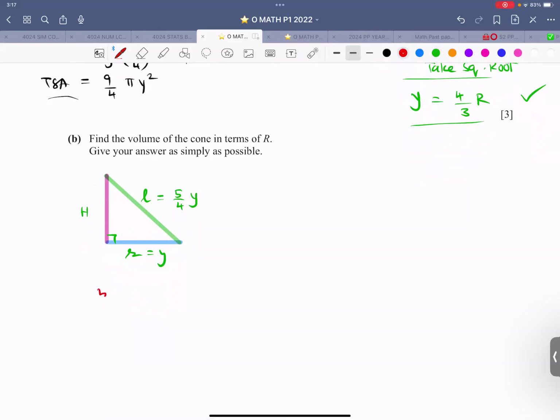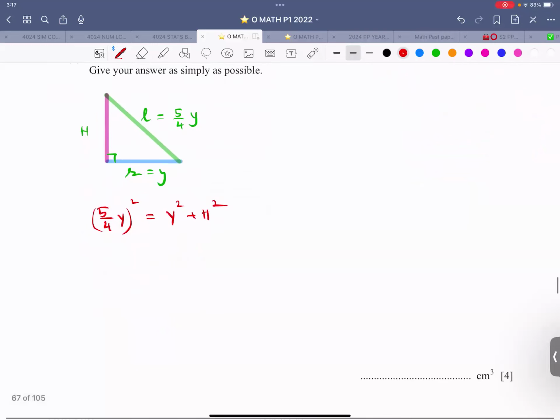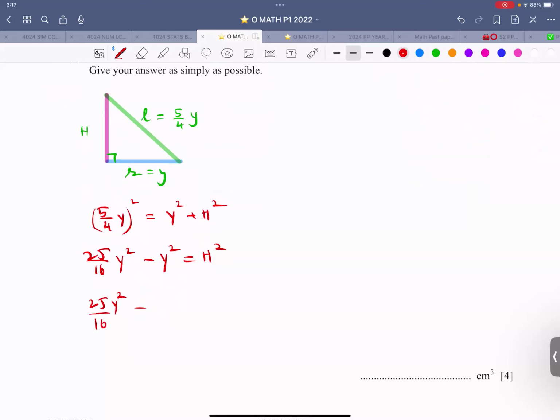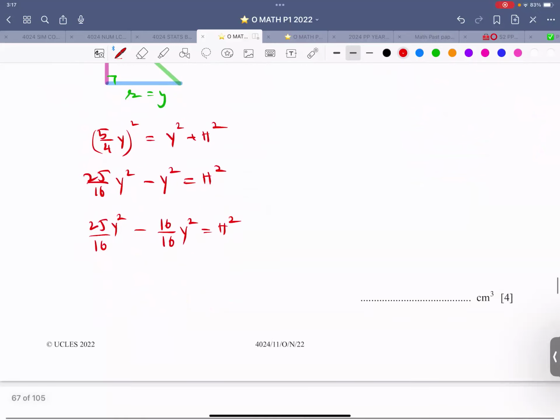So therefore, 5 over 4 y whole square is y square plus h square. 25 over 16 y square minus y square is h square. This is 25 y square over 16 minus 16 over 16 y square, writing 1 as 16 over 16, that is h square. That is 9 over 16 y square is h square. Therefore, h is 3/4 y.